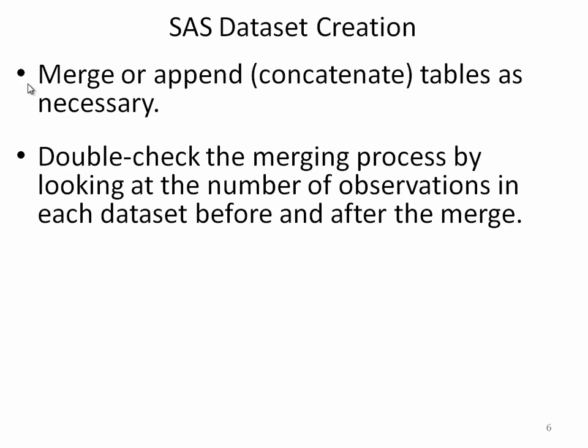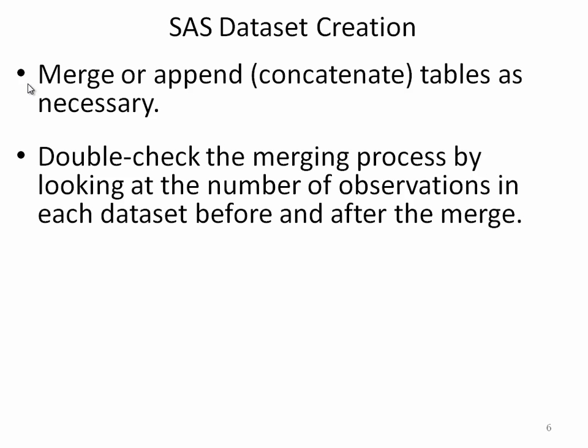You need to double check that the merging process worked properly by looking at the number of variables and the number of observations. Here I'm just talking about the number of observations. So you need to know what the number of observations were in each of the data sets prior to merge, and you need to anticipate what should be the number of observations in your final merge data set.